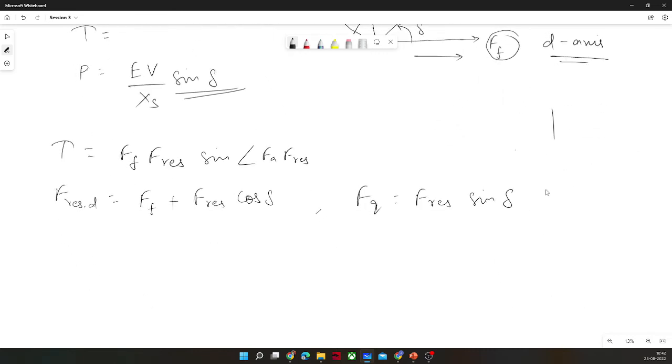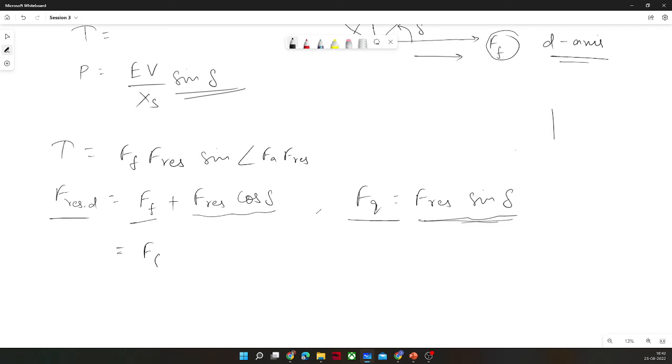And if you combine both these terms, you will get two components. One would be the electromagnetic component and one would be the reluctance component. The reluctance component would lead to these two terms, cos delta and sin delta. So in some advanced reluctance machines, this is the fundamental from where the reluctance component is generated. And this would lead to nothing but the electromagnetic torque.